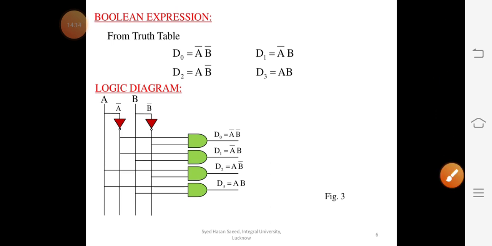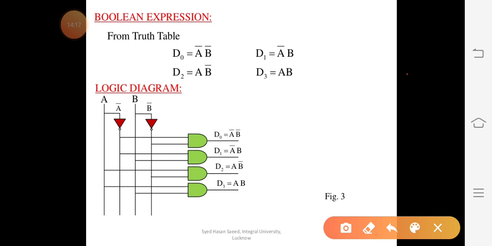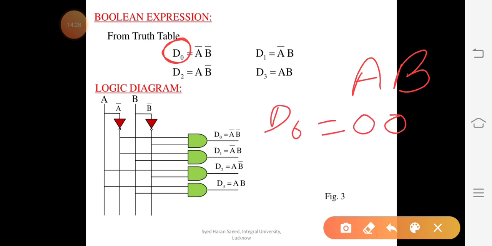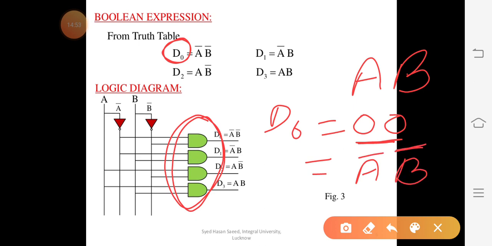Now look at here, for the input variables we were using a and b, right? Now for d0, d0 will get active when we take the combination 0 0, then the d0 output will be active. So d0, if we represent it in SOP min term form, what will it be? We represent the min term, and in the block diagram we are using an AND gate here, okay? So if you look now, d0 is 0 0, which means a bar b bar, right?